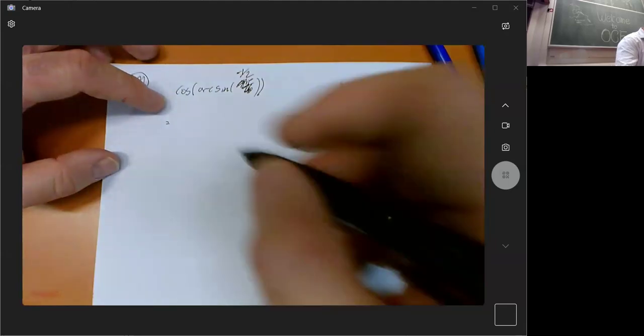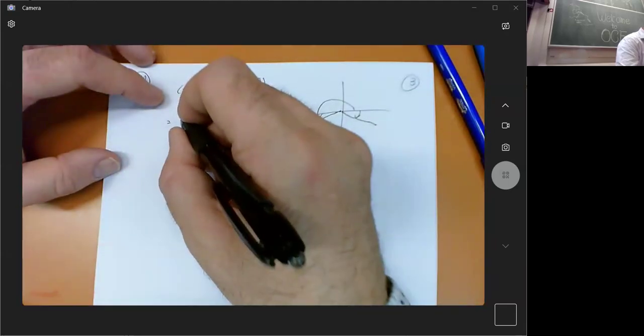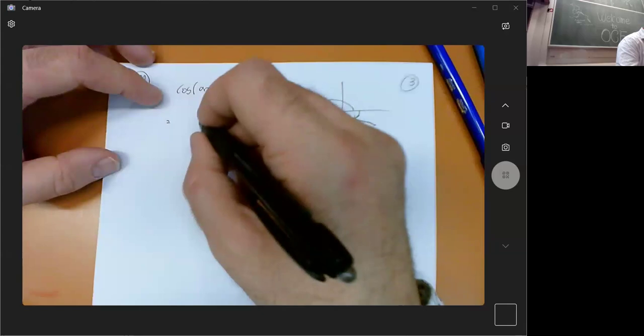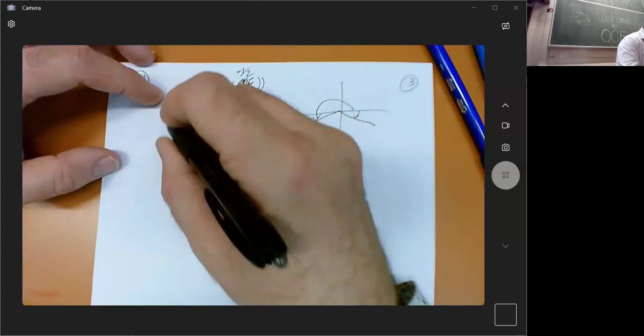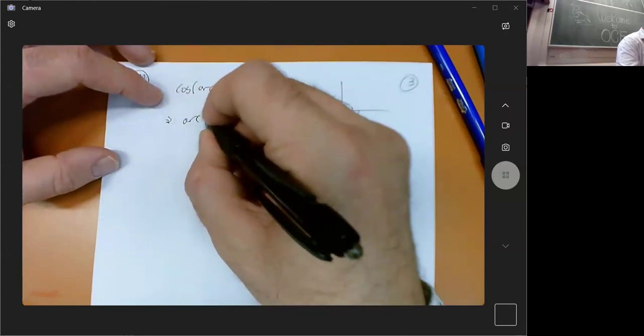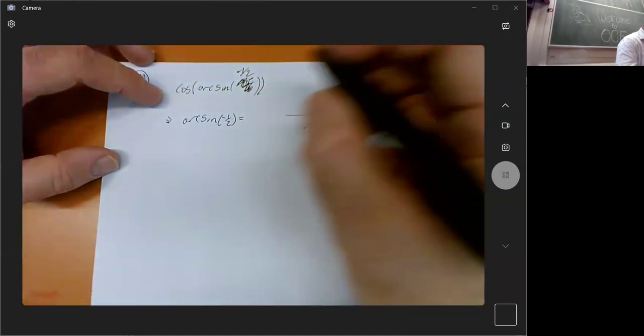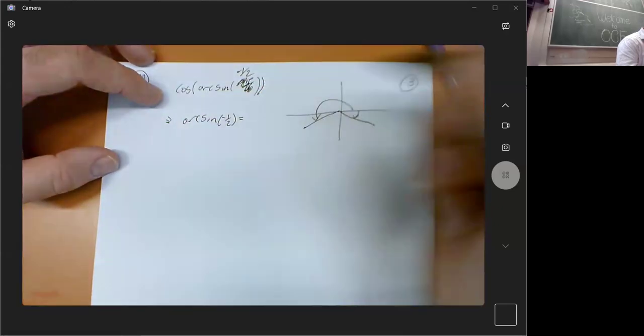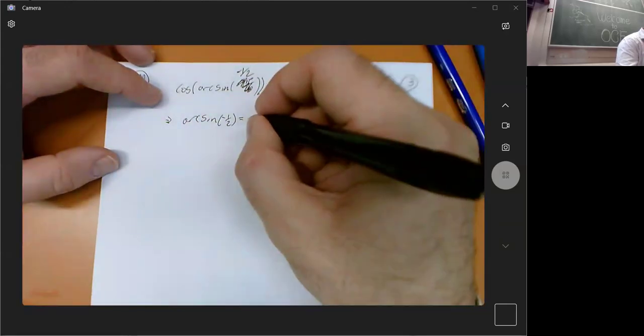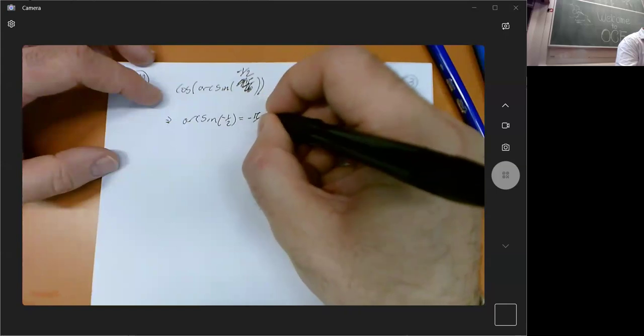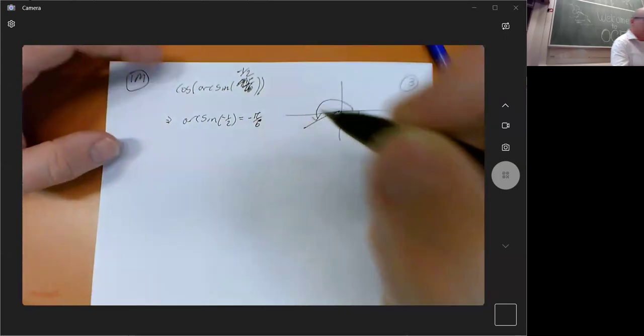So arc sine of minus a half is equal to, it's going to be this one. It's actually going to be minus pi on 6.